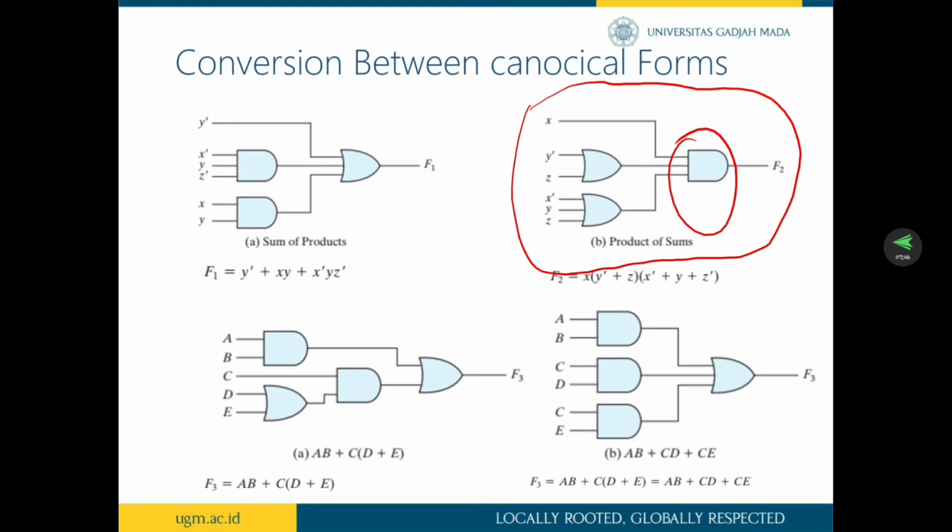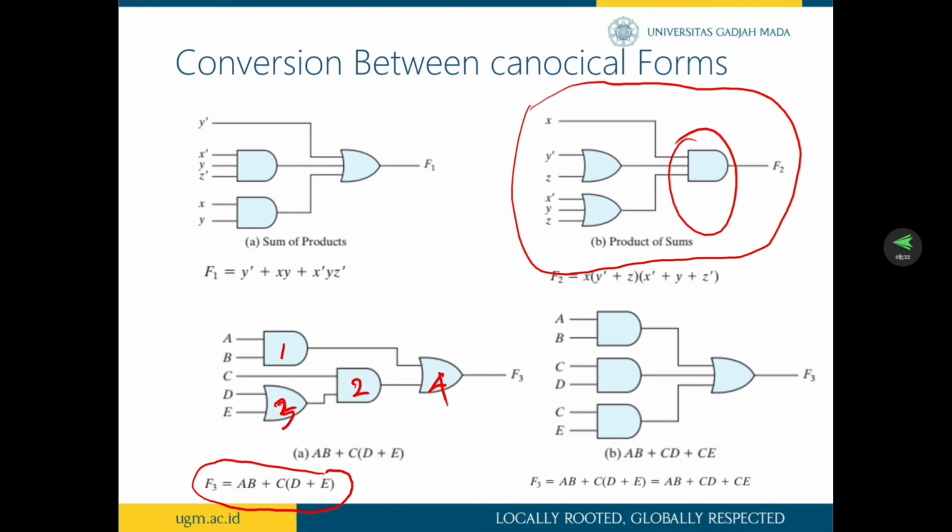And then this is for F3. We have A · B · C · D · E. So this is the circuit for F3 in the form of this Boolean expression. We need two AND gates and two OR gates.